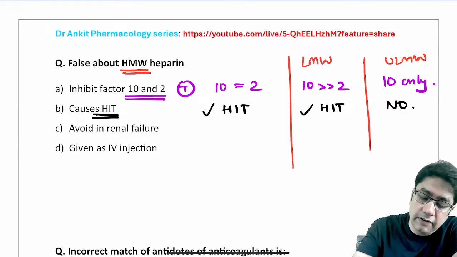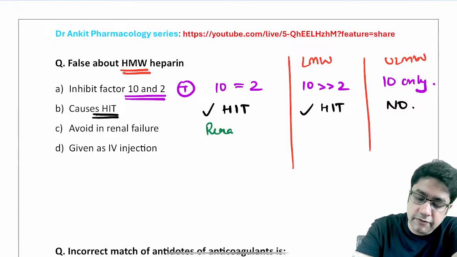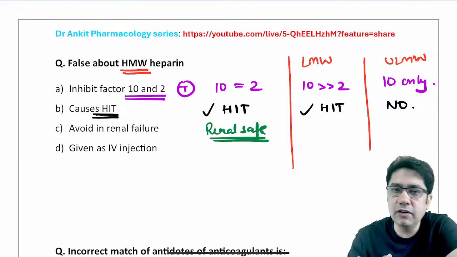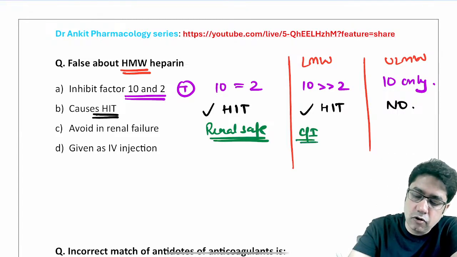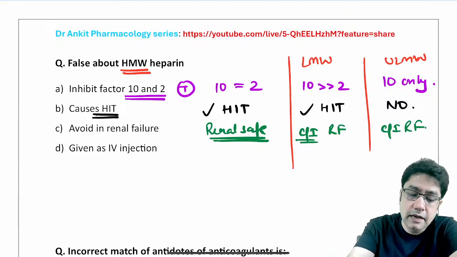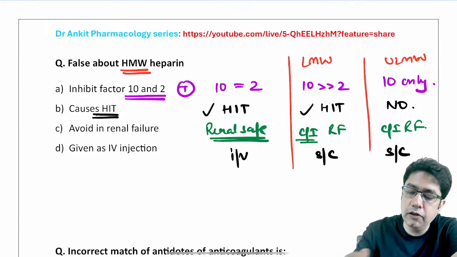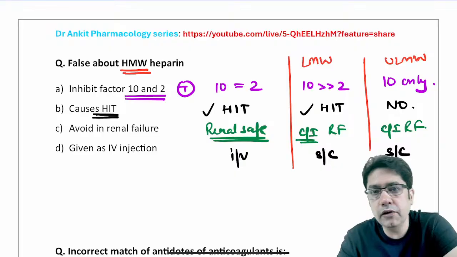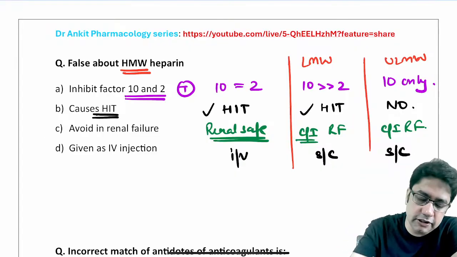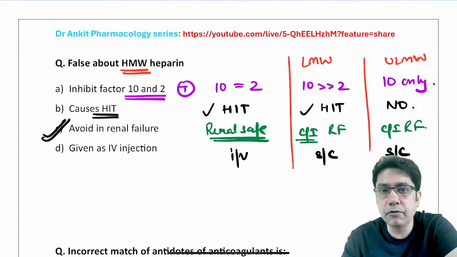Now high molecular weight heparin is renal safe because it is such a big molecule that it is not excreted out in urine, but they both are contraindicated in renal failure. High molecular weight heparin is given IV. The other two, ultra low molecular weight heparin and low molecular weight heparin, are given by subcutaneous injection.